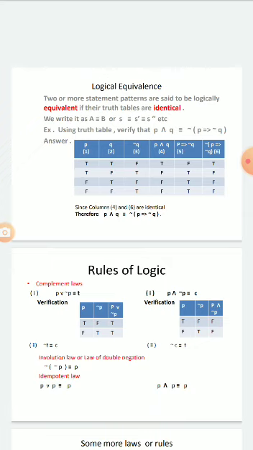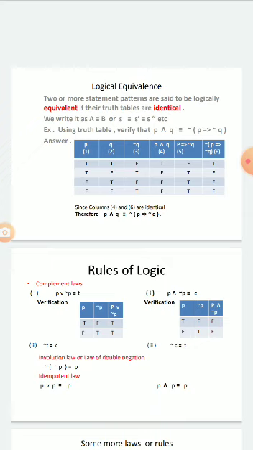P or not P is equivalent to T. What is T? Tautology. Last time we studied tautology and contradiction. Tautology means all truth values are equal to T. So here there are only 3 columns, because on the left hand side there is one component statement and 2 logical connectives, 1 plus 2 is equal to 3.